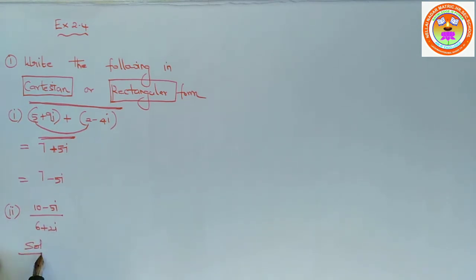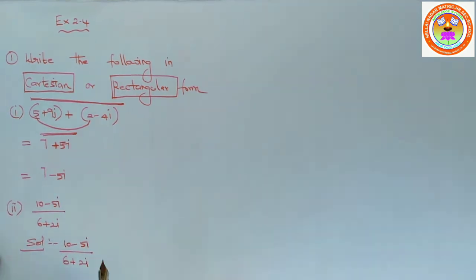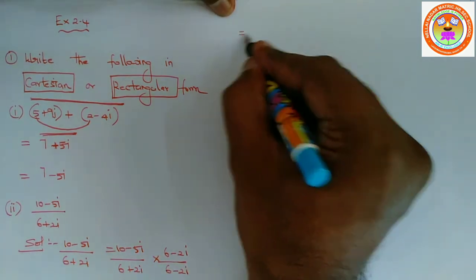Solution: 10 minus 5i divided by 6 plus 2i. I multiply by the conjugate, 6 minus 2i divided by 6 minus 2i.